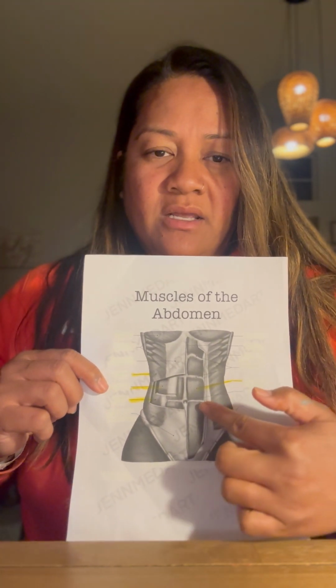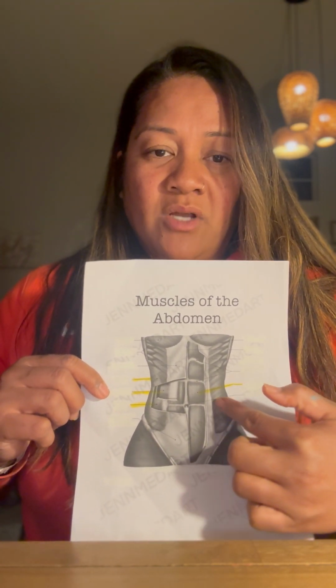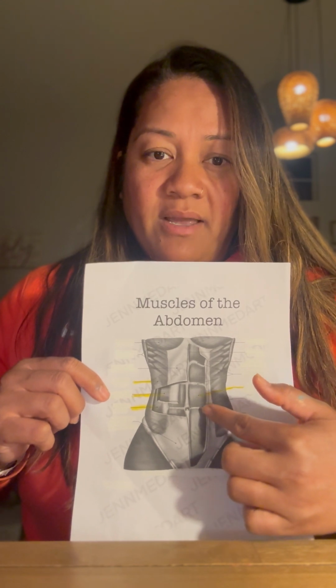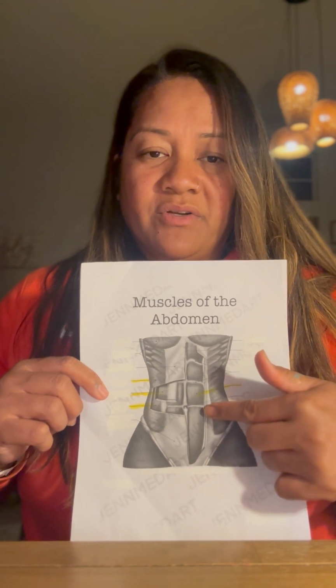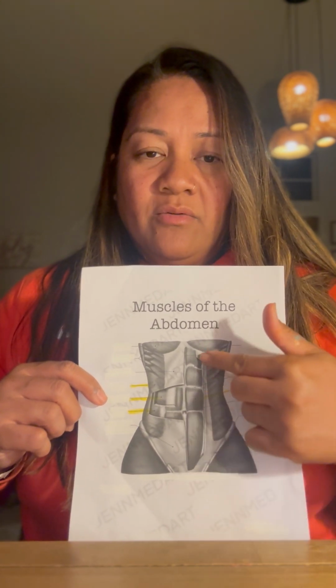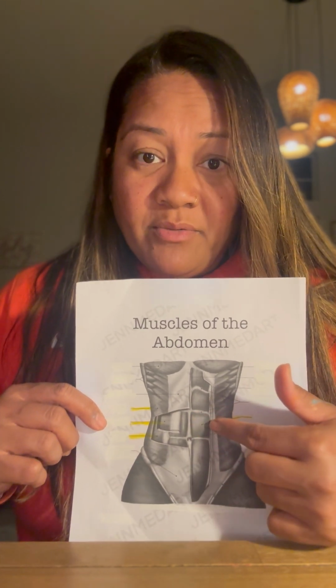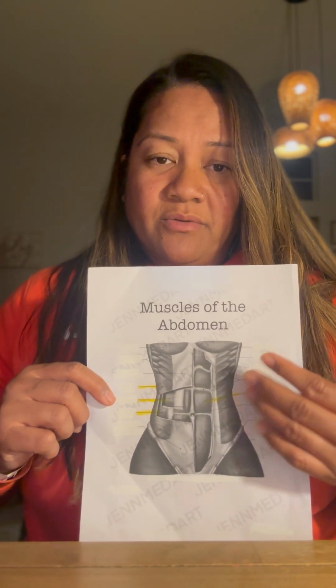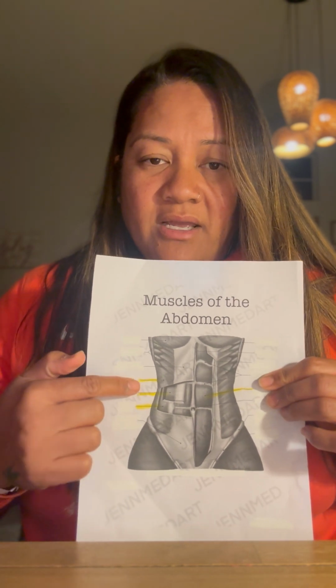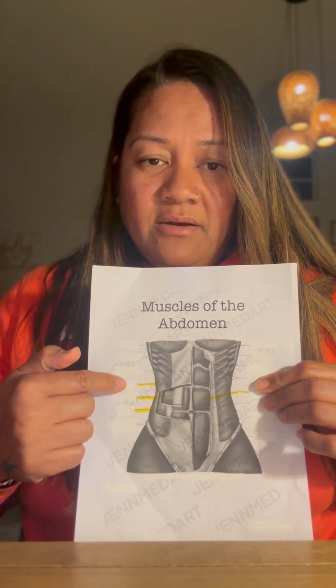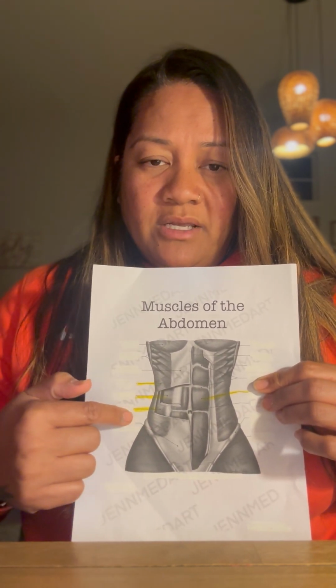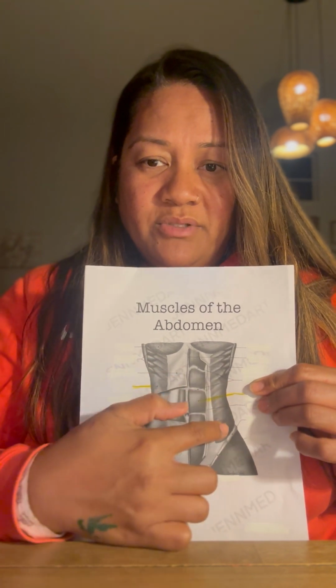The first one is the rectus abdominis, often referred to as your six-pack, and it's located here, running vertically. It's also the prime mover of the abdominal muscles. The external oblique and internal oblique are muscles located on both sides.